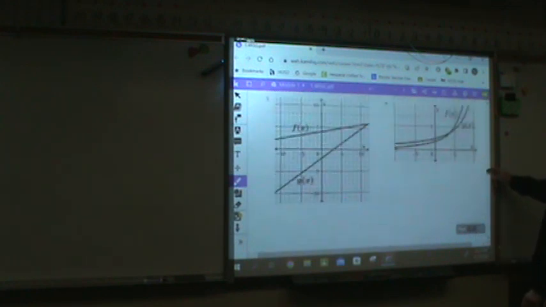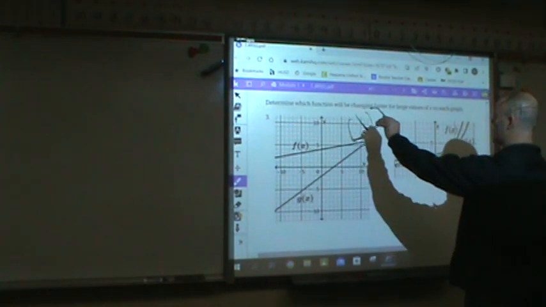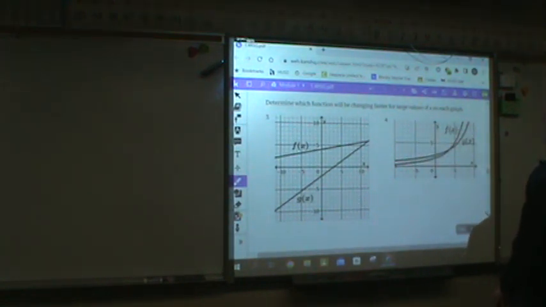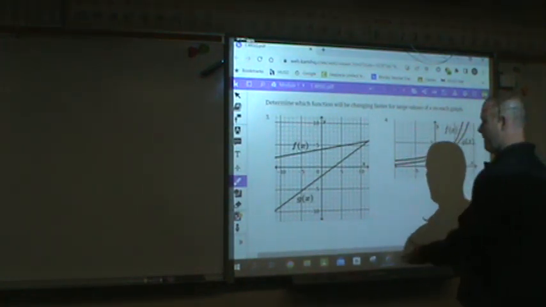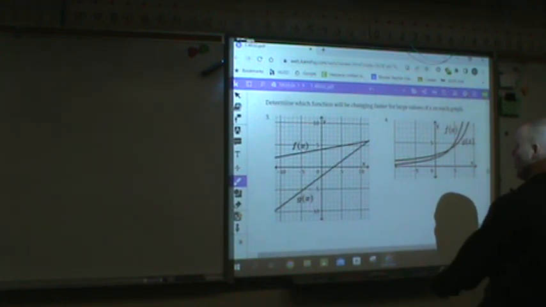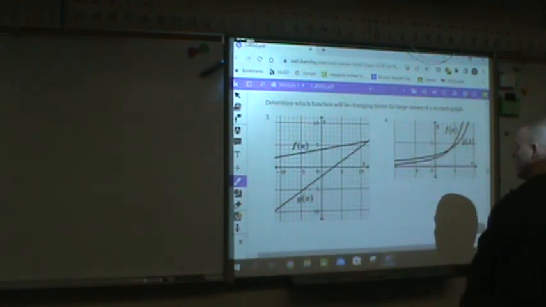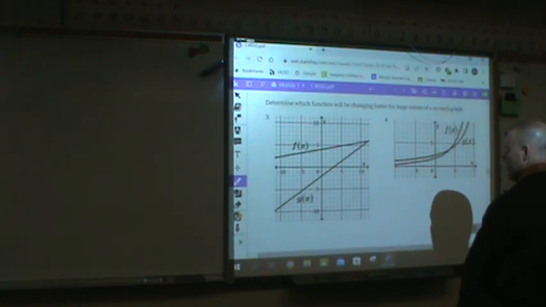All right. Now, questions 3 and 4 say determine which function will be changing faster for larger values of x on each graph. Well, how do you tell which function is increasing at a faster rate? You tell by the steepness of the line. So look at these two functions, f of x, g of x. Which one is increasing faster?